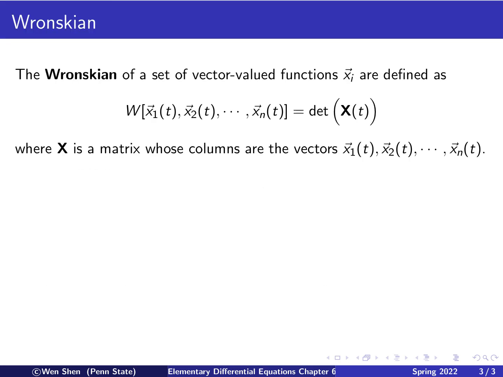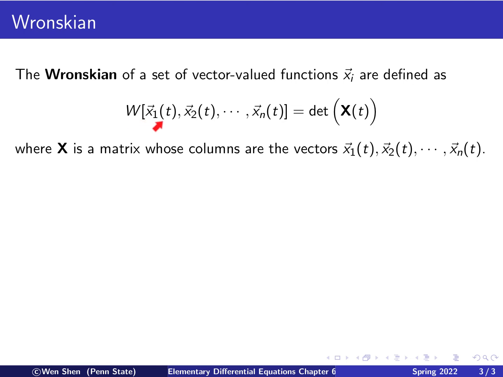Now let's introduce the concept of the Wronskian, which we have also encountered earlier. Now we define this for a set of vector valued functions. Let's say each x_i is a vector valued function with length n, and you have n of such functions.